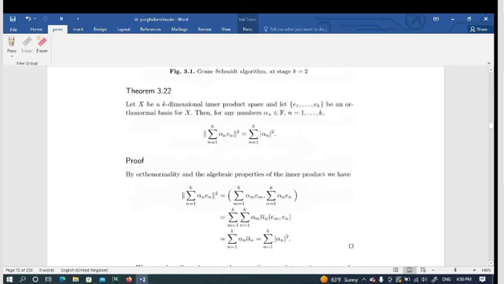Theorem. Let X be a k-dimensional inner product space. So X is k-dimensional.